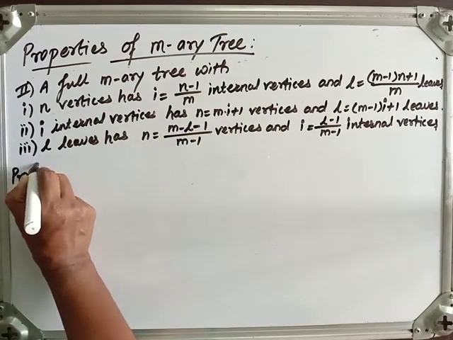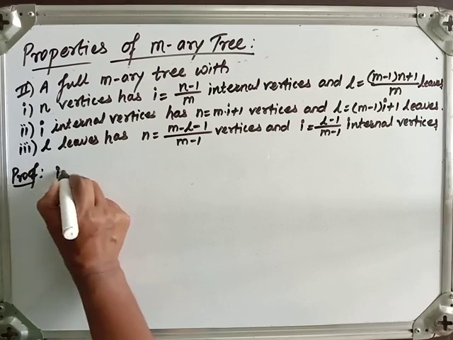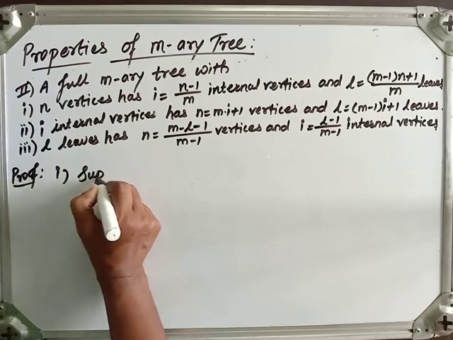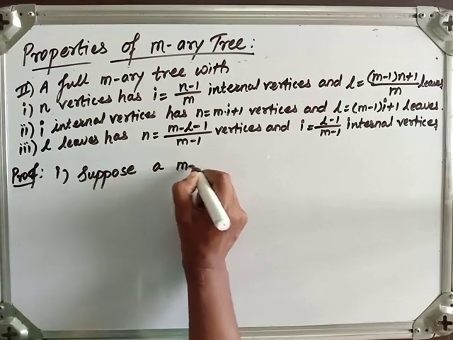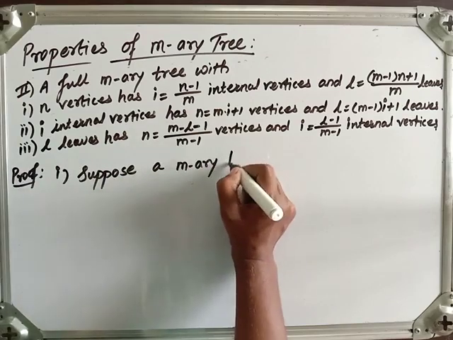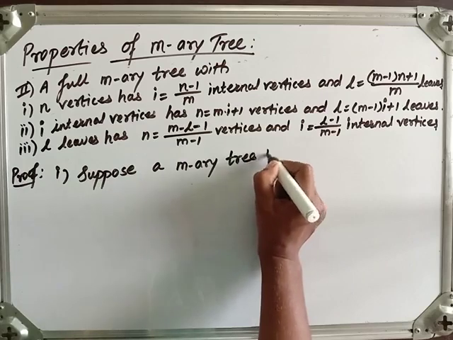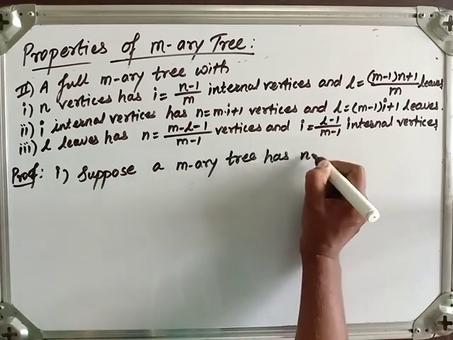Let me prove the first one. Suppose an m-ary tree has n vertices.